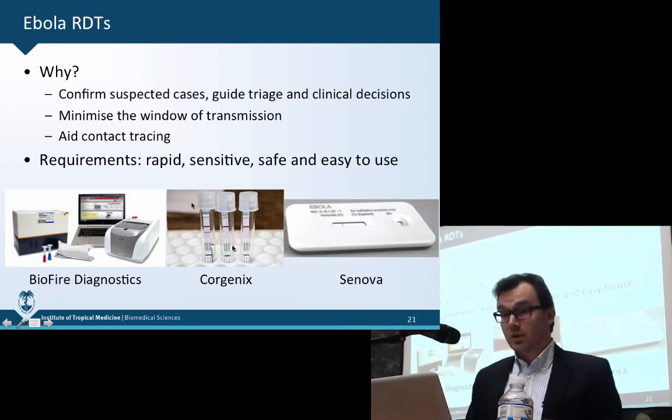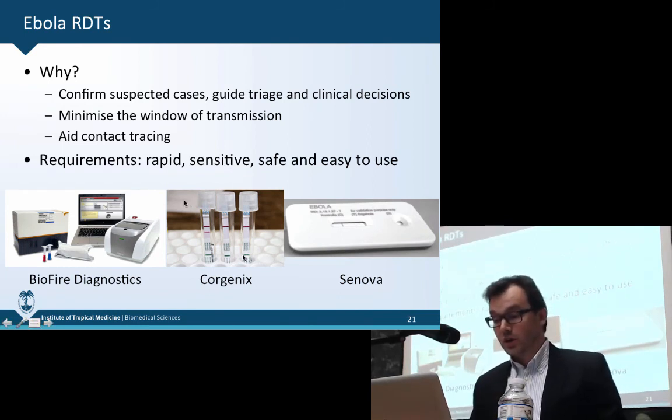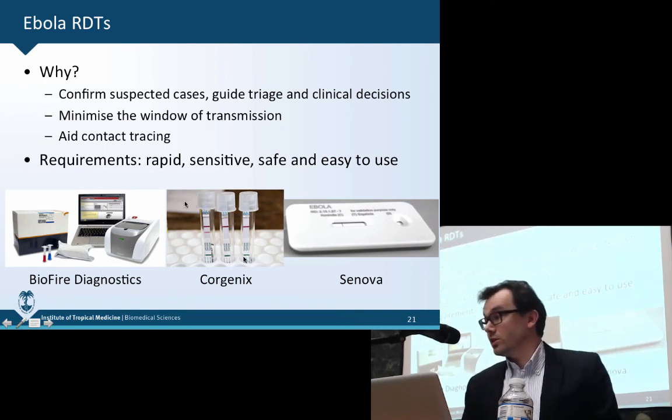They need to be sensitive, and many of the antigen-based tests have issues with sensitivity, especially compared with the standard PCR tests. And of course, they should also be safe and easy to use. Another delicate point, especially when using these dipstick tests or lateral flow test devices. So there's a couple of tests that have received emergency use authorization by FDA, like this BioFire test.